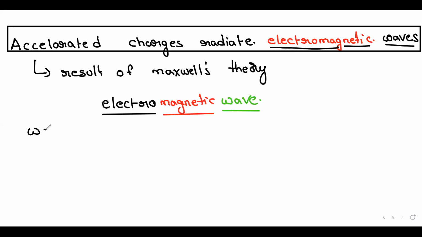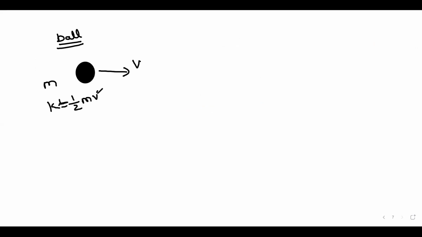That means, suppose this is a ball, right? If I throw this ball, it gets some velocity, and it has some mass, so it also has some kinetic energy. How much? Half m v square.